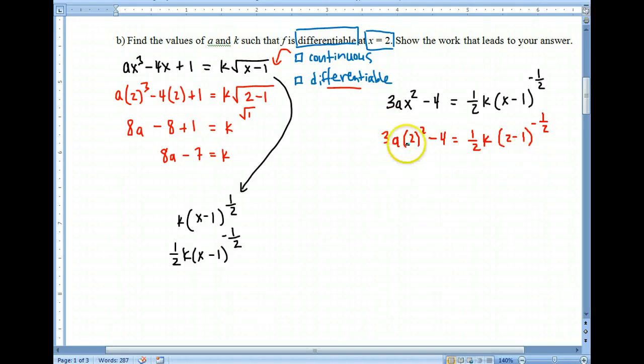So let's simplify some of this. 2 squared is 4 times 3 is 12a minus 4. Two minus 1 is 1 to the negative 1/2.